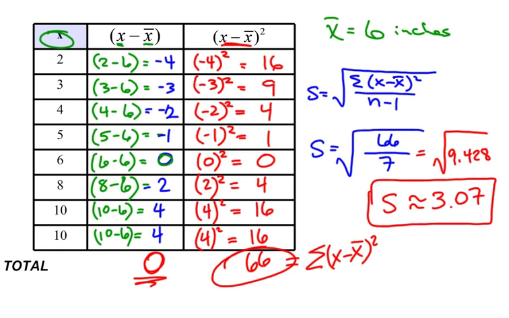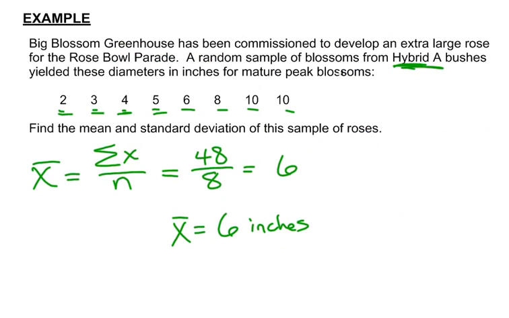So our standard deviation is 3.07 or 3.1 if you want to just use our rule for rounding there. And that's it. We've computed the standard deviation of 3.07. Our mean was 6 inches. So we can go back and actually answer the question that we had. The mean was 6 inches and the standard deviation was 3.07 inches.